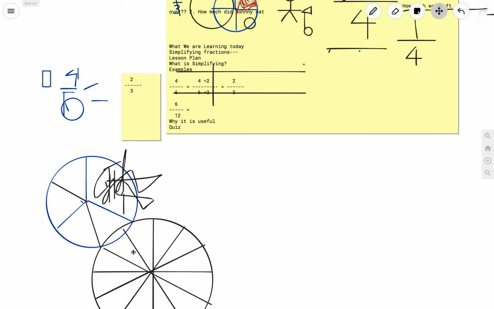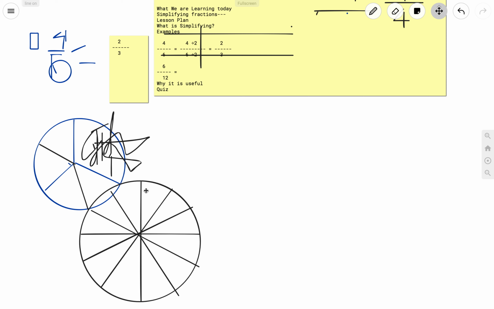For the sake of easy doing, I will just make it 6/12. There's 12 pieces in here, right? If you worked it out, be patient, please.